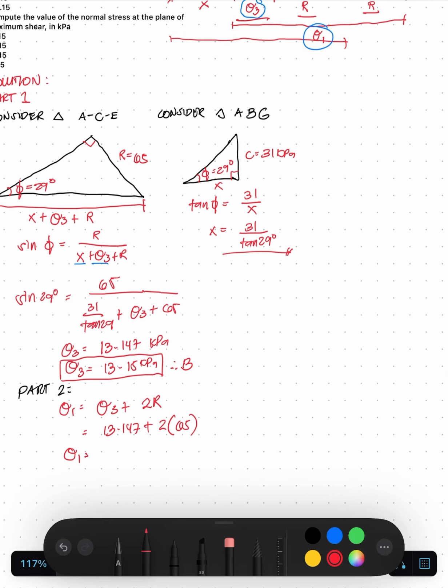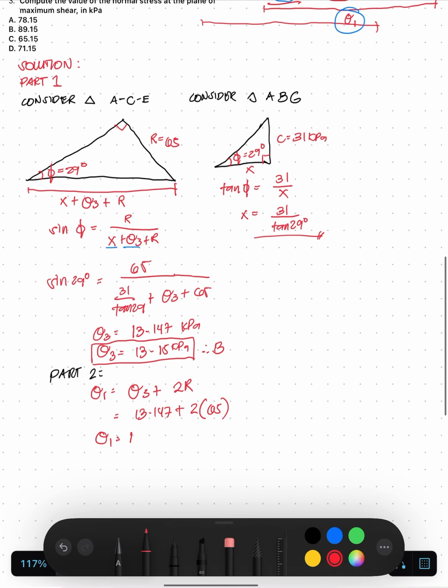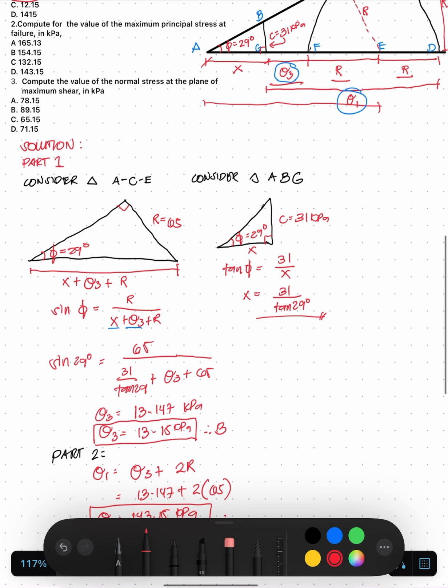Sigma 1 therefore is 143.15 kPa, which is letter D.